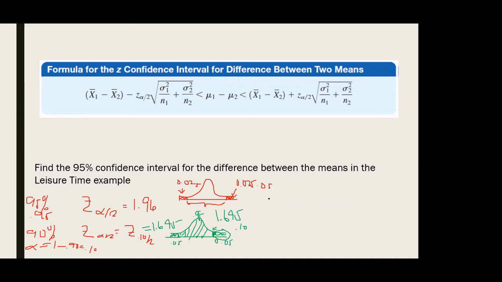Okay, so how about if we have 99%? Who can give me the value? If we have 99%, using the same table, you just need to find the value such that it's 0.005.